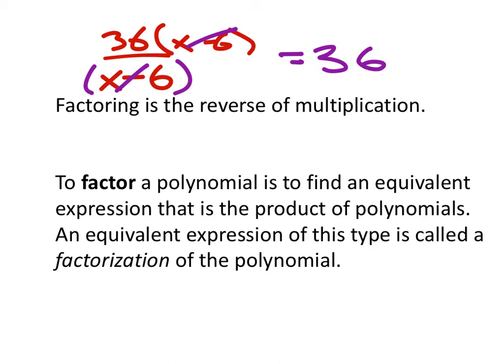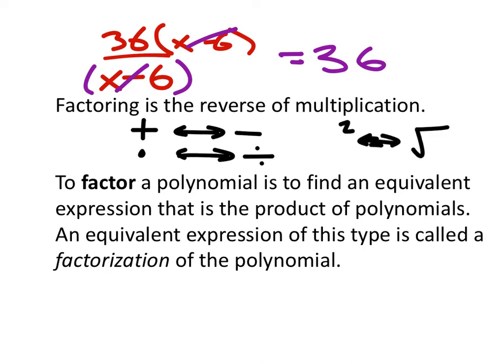It is the reverse of multiplication, kind of like addition and subtraction undo each other, or multiplication and division undo each other. We haven't looked at this too much, but something like an exponent, like a squared, is undone with square roots.